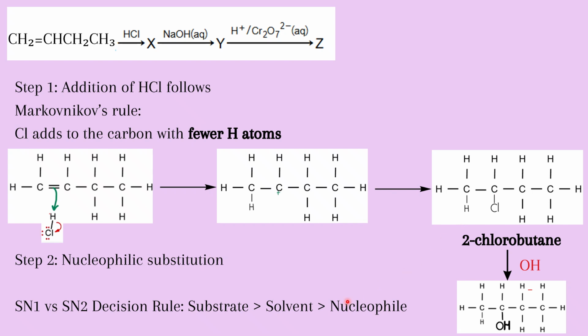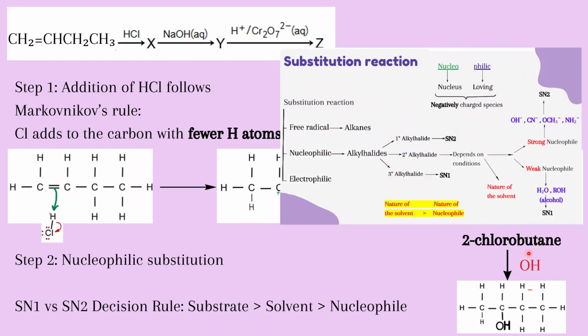Well, in that case, you're going to follow this rule. Here I can see that the nucleophile is strong. But as I told you earlier, whenever you're going to check for a secondary alkyl halide, always give preference or priority to the solvent over the nucleophile. So let us check what type of solvent we have over here.